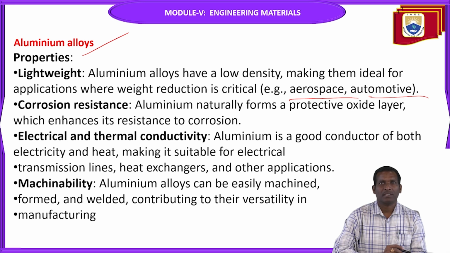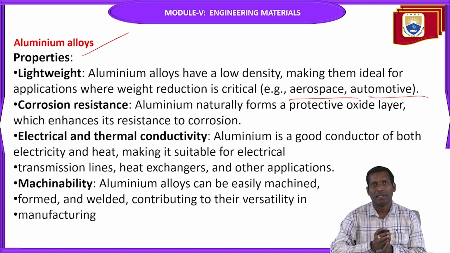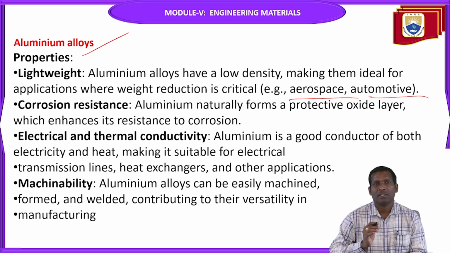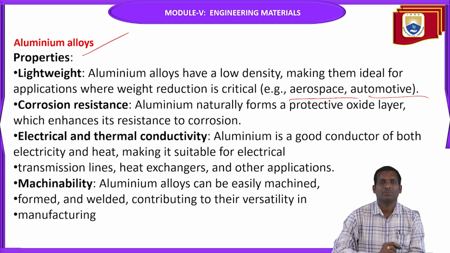Next, corrosion resistance: aluminum naturally forms a protective oxide layer, which enhances its resistance to corrosion, so it can withstand corrosion very well.